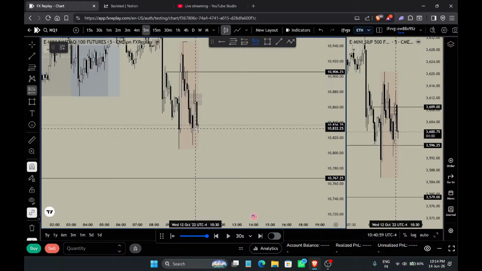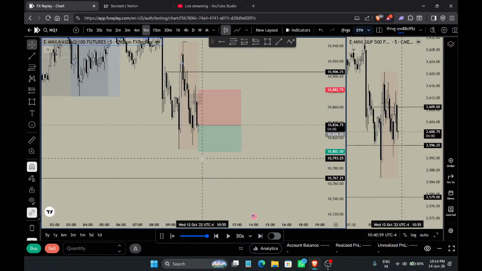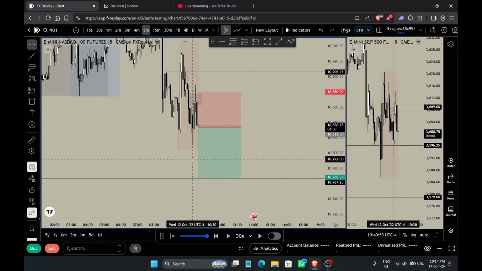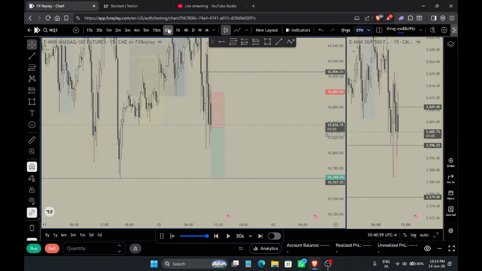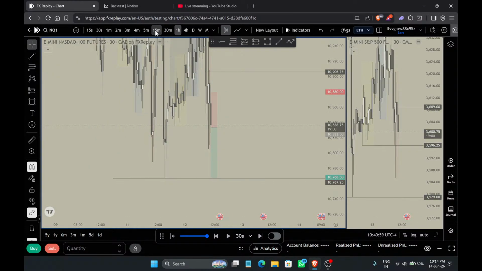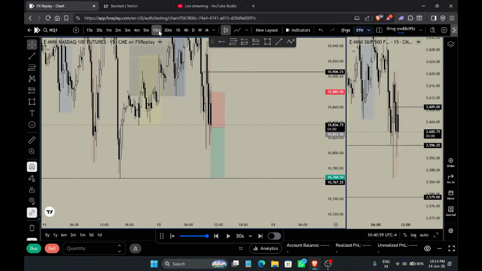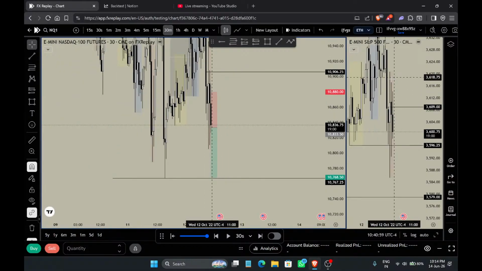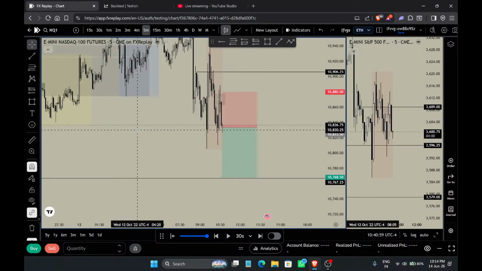I don't know. We have pretty good levels to target, even though it's not in a good spot to distribute. Can say it is in a good spot because we have this 30 minute acting as one of our levels.